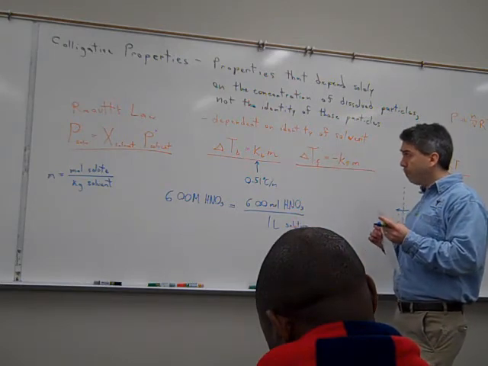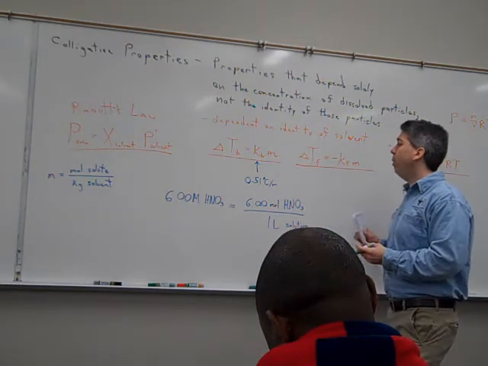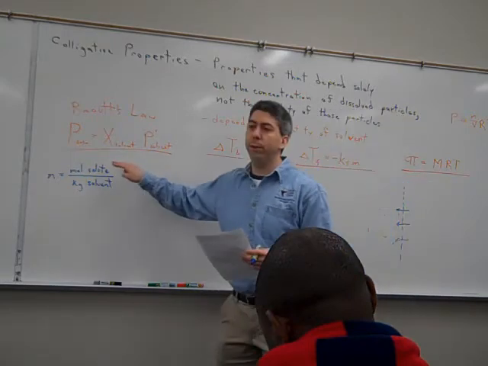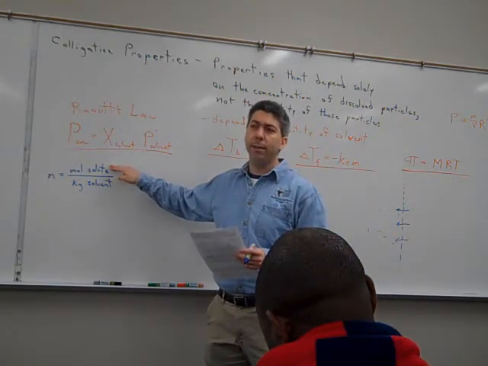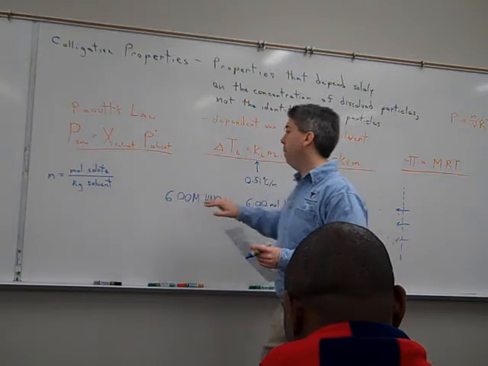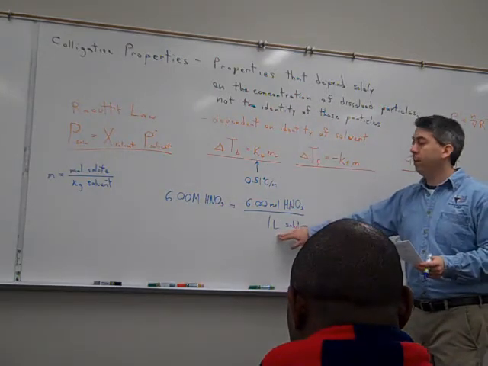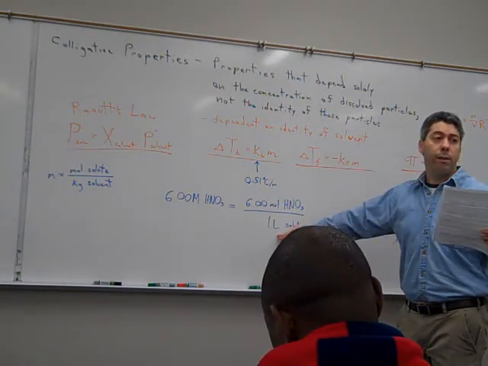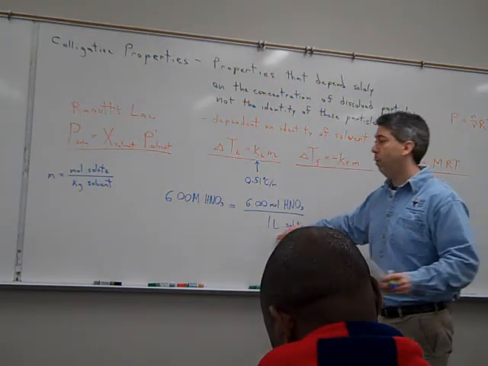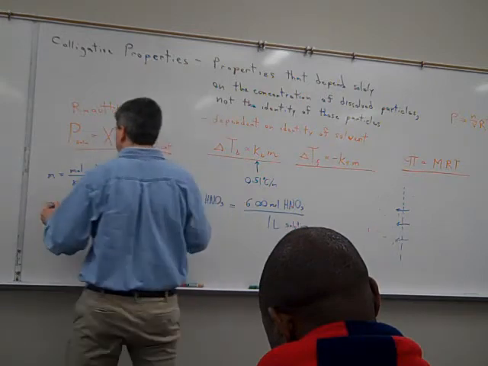So, I already know if I assume 1 liter, I already know the moles of solute, right? It's going to be 6. That's pretty easy. But the kilograms of solvent is the pain. So the first thing I need to do is convert the liters of solution to grams, or milliliters, because it gives me the density, right?